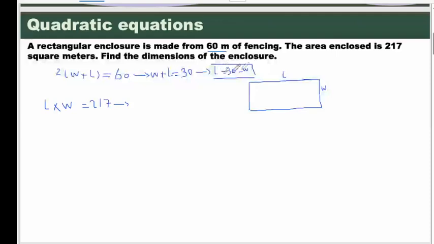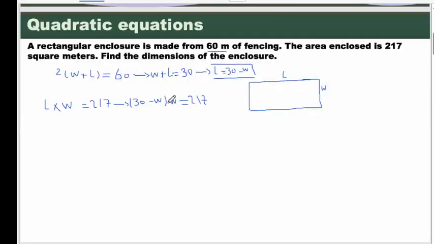I substitute this formula for L in this equation, so it would be 30 minus W times W equals 217.